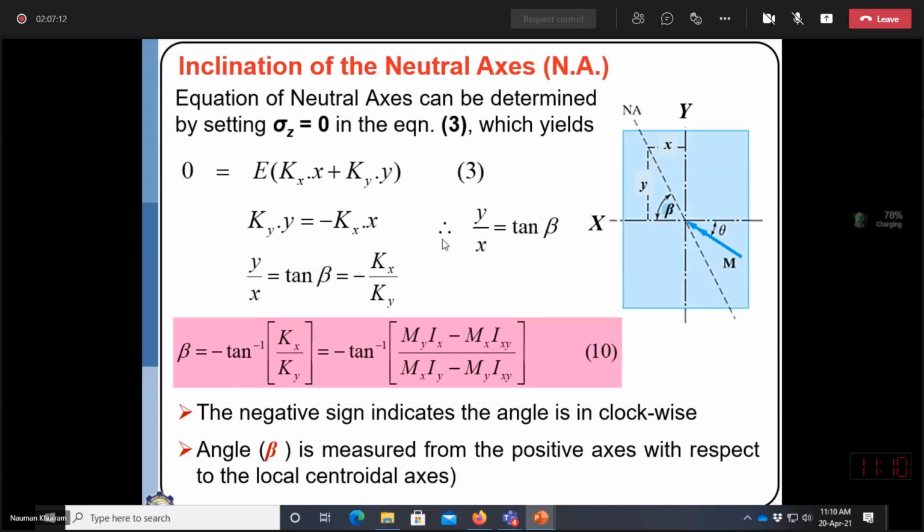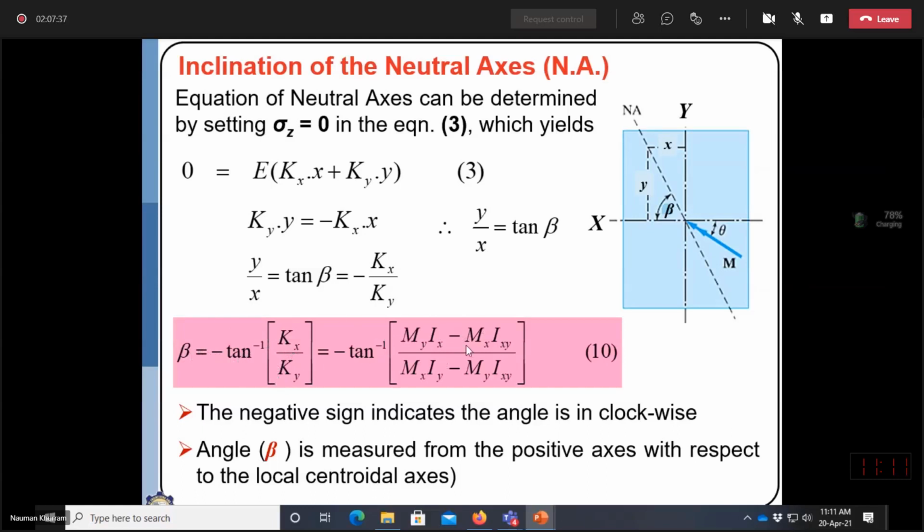So if we replace the value over here, tangent beta will be equal to minus the curvature about the x-axis divided by the curvature about the y-axis. So we can determine the orientation of the neutral axis, which is beta, and that is equal to minus tangent inverse of kx over ky.